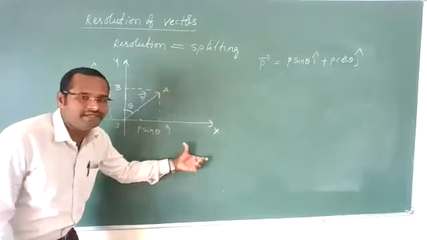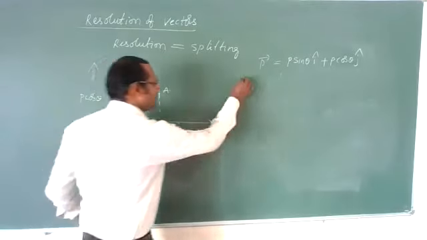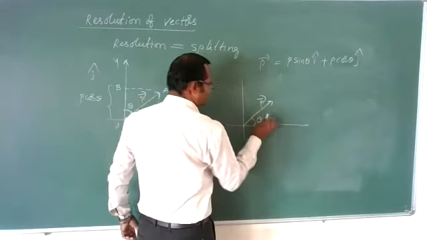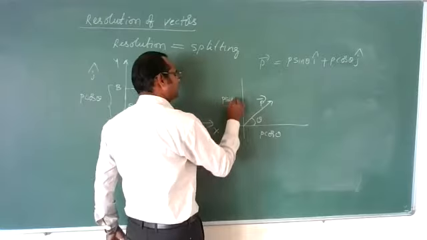Without solving sin theta and cos theta separately, the axis with which the vector makes theta gives the x component directly. Here this is theta, so this will be p cos theta and this will be p sin theta.